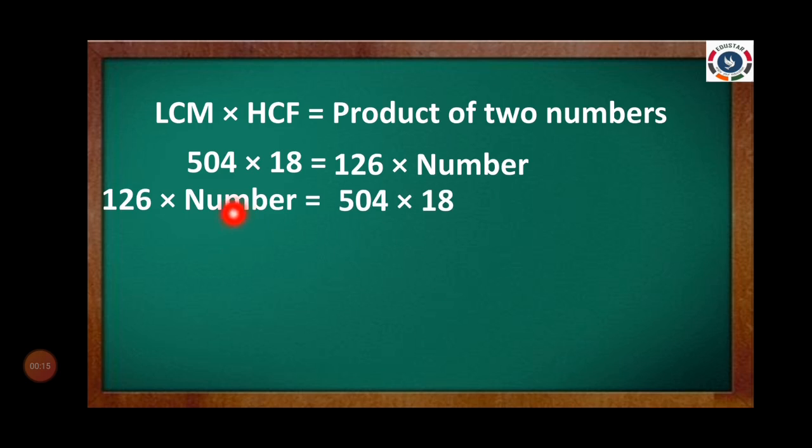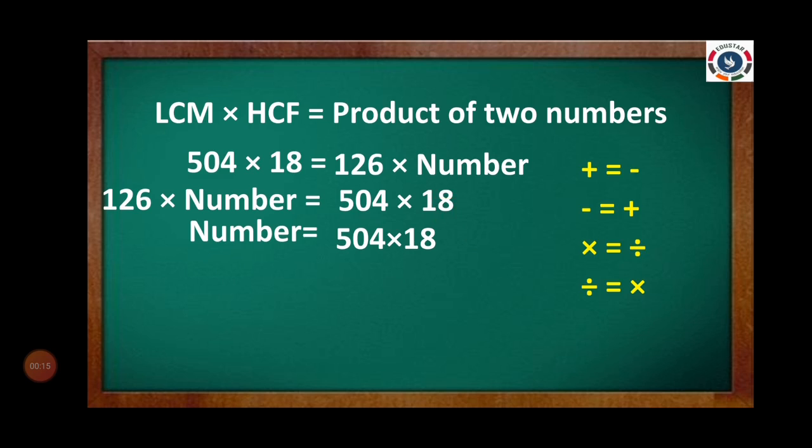Okay. So keep the number alone on the left. Remaining all bring it after the equal to. So number equal to 504 into 18. Here 126 we are going to bring after the equal to. It is multiplying, so how will it come after the equal to? Now I am going to explain through examples. If you have a plus value and bring it after the equal to, it will change, that is, minus.